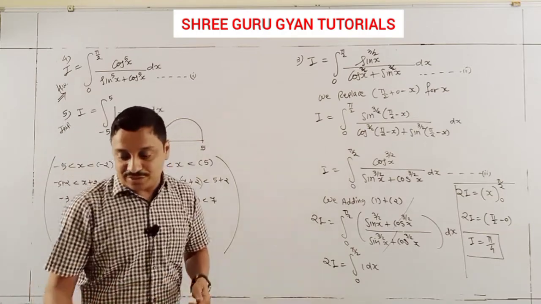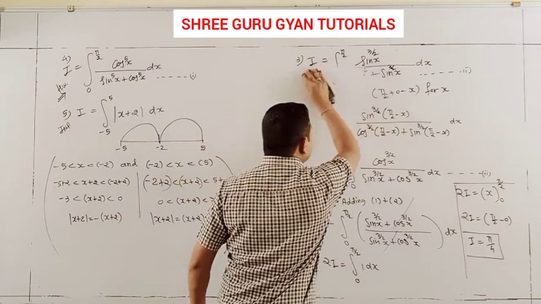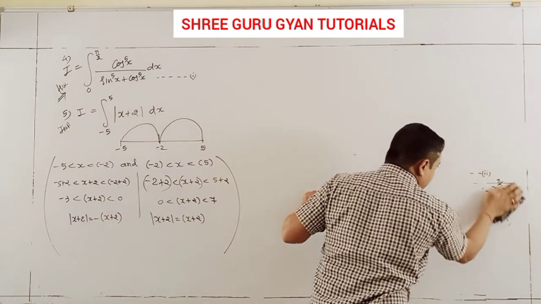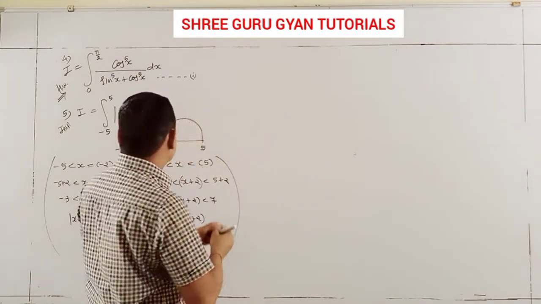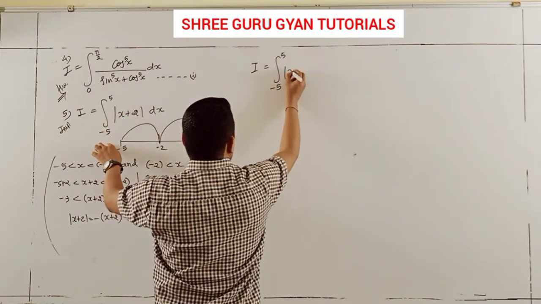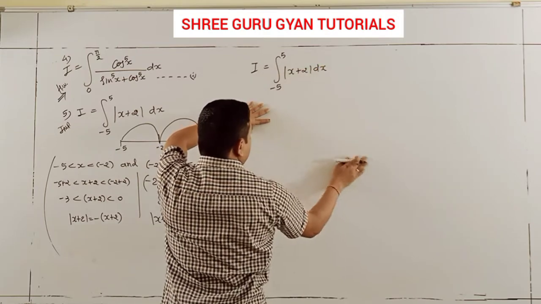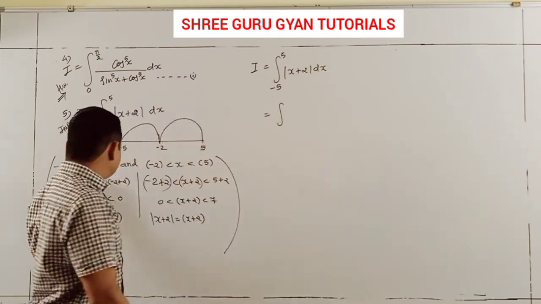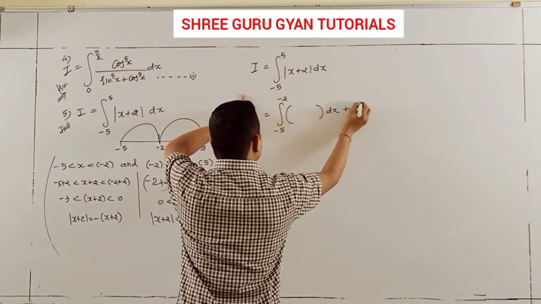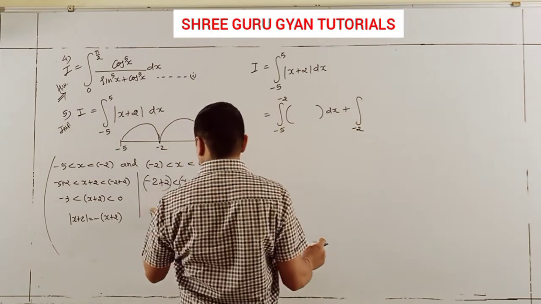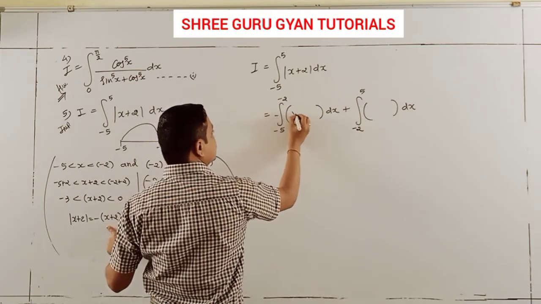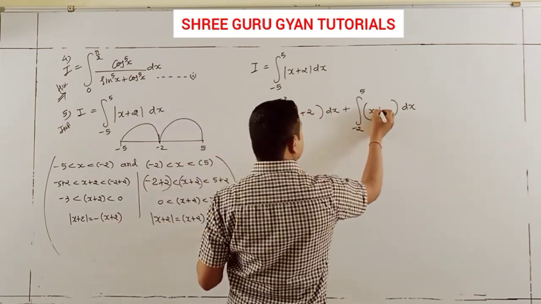Now your integration, students, you easily start by parts, one by one in two partitions, one of the negative and one of the positive. So here, students, integration I can take here minus phi to phi modulus x plus 2 dx, one kind of minus phi to minus 2, and another minus 2 to phi, and indirectly here this answer is negative, students, and that is positive.